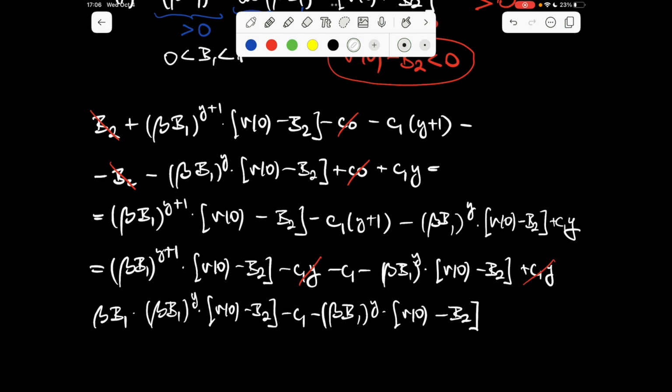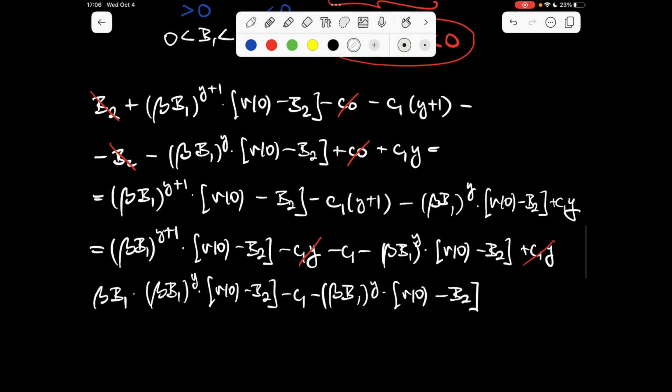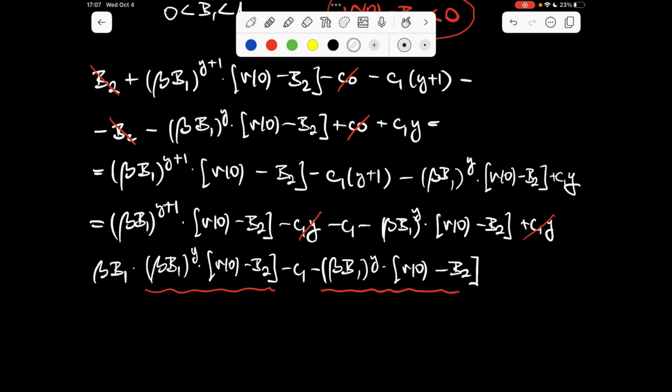Okay. And we realize that this part and this part, they are the same. So finally, we have this expression.